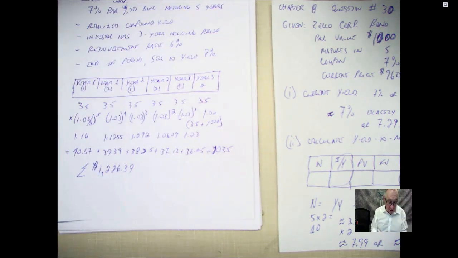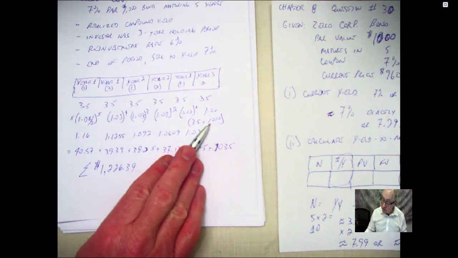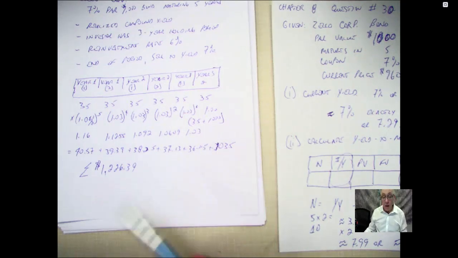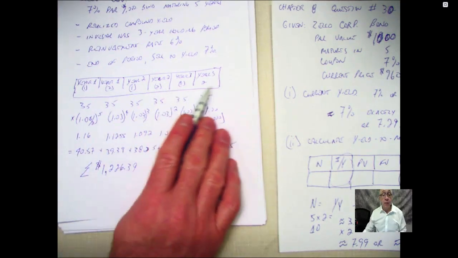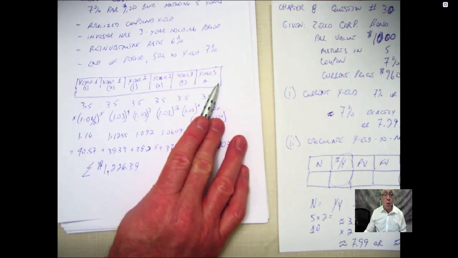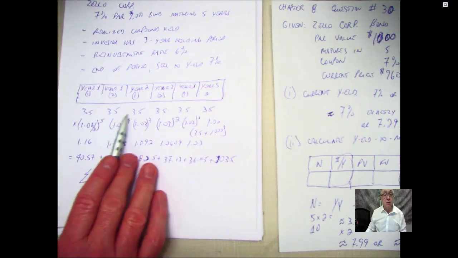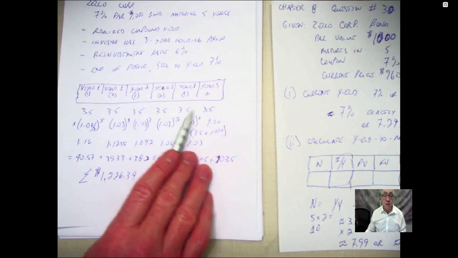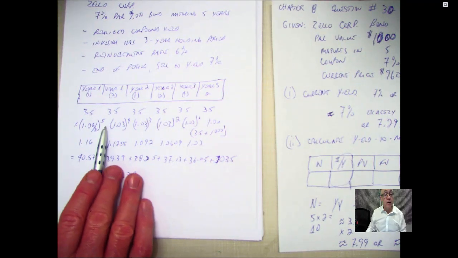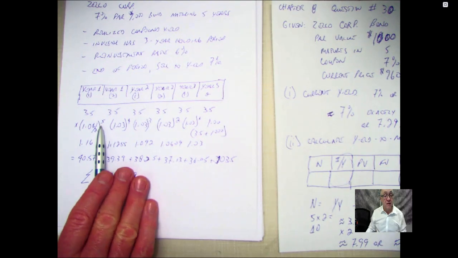So what this tells us is, if you think of a timeline, we have 5 years to maturity, or 10 payment periods. We're going to hold it for 3 years, or 6 payment periods. So we receive 6 coupon payments. These compound during the period at 6% annually, or 3% semi-annually.